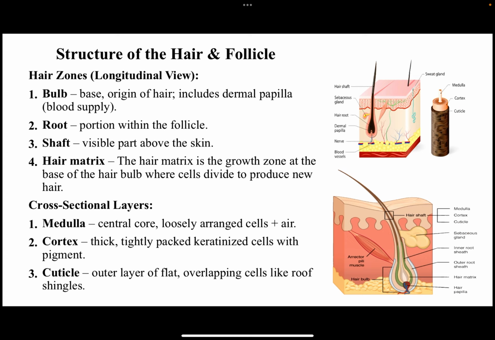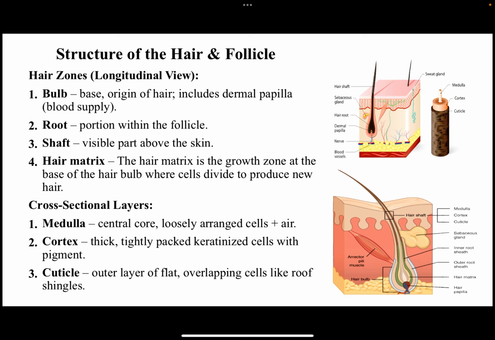That is the portion within the hair follicle itself. And then we have the shaft, which is the visible part of the hair above the skin. That is the shaft.